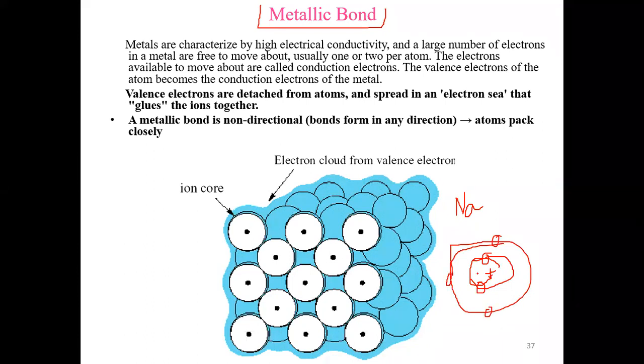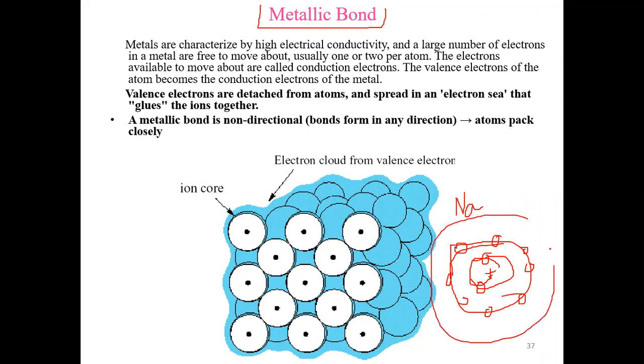What is the atomic number? Atomic number of sodium is 11. So eight electrons are there, and there will be one electron in the third orbit.